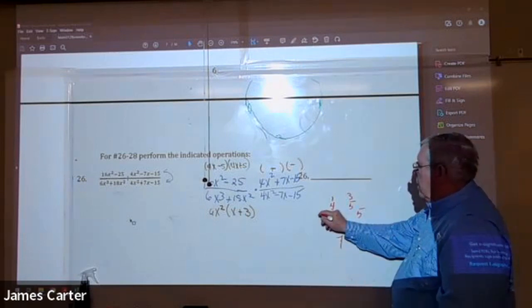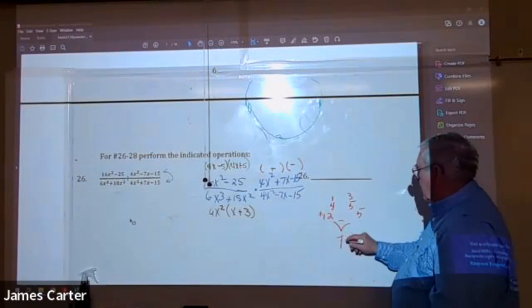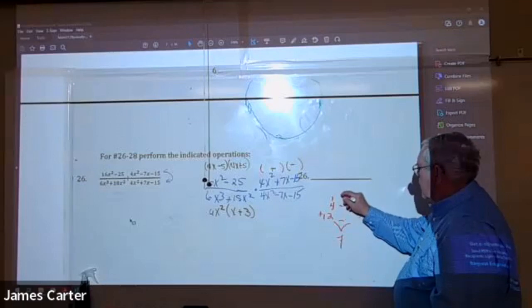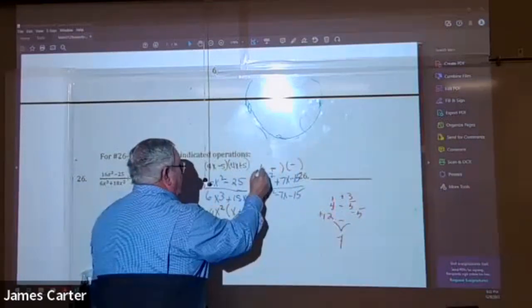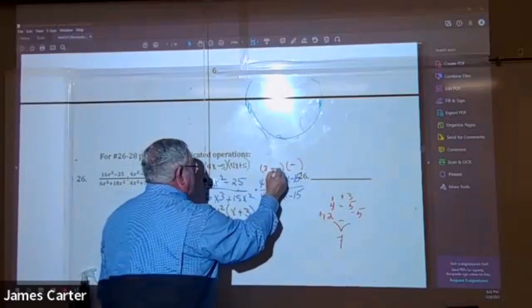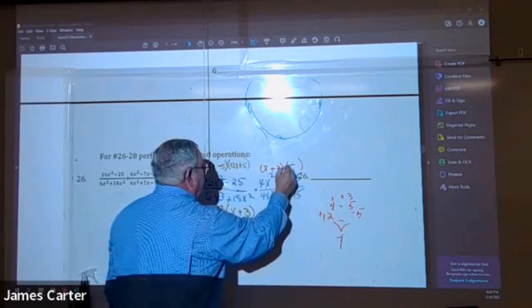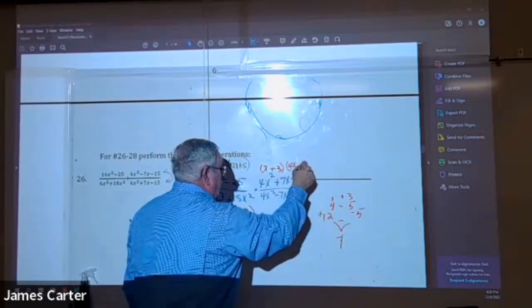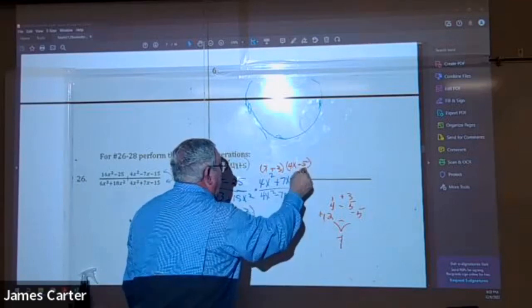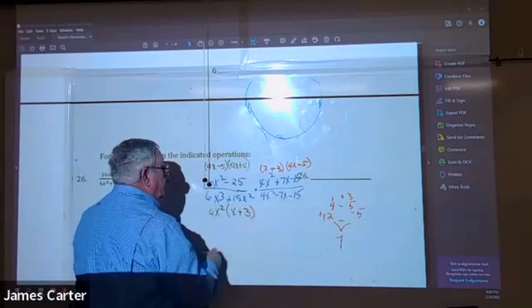And my biggest has to be this one and that. So here are my signs. So I've got x plus 3 and 4x minus 5. Okay, then I got to do this one down here.